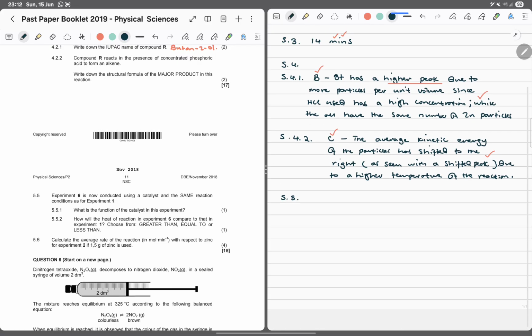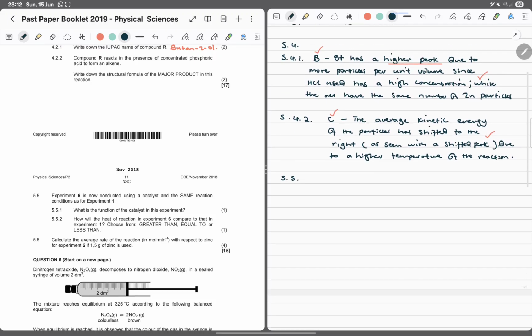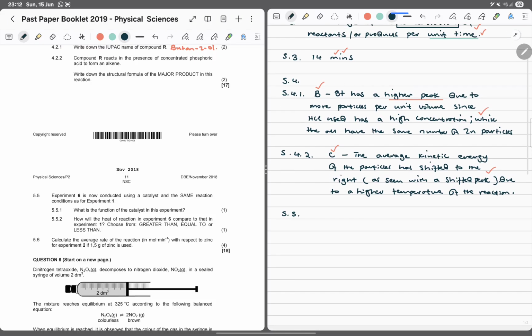So 5.5 is saying experiment 6, which is not included in the table, is now conducted using a catalyst and the same reaction conditions as experiment 1. So again, what would be the independent variable here is the catalyst, because everything else is the same, right? Great. And of course, the dependent variable is going to be the rate of the reaction.